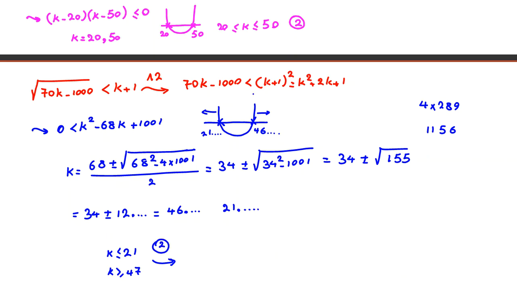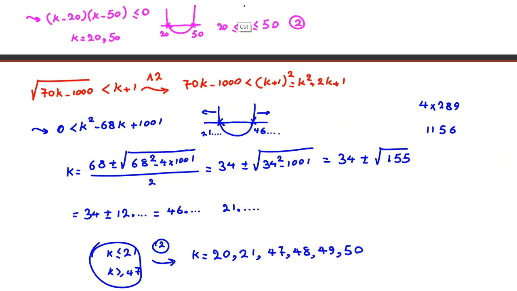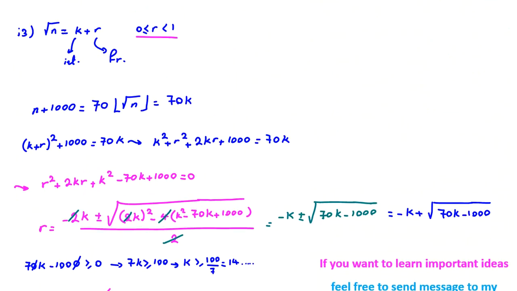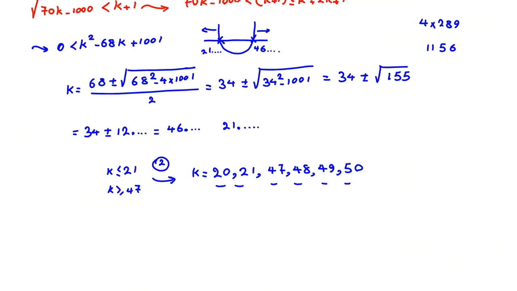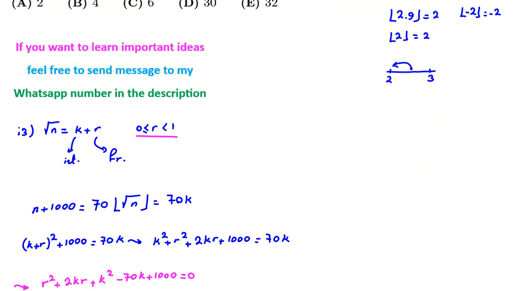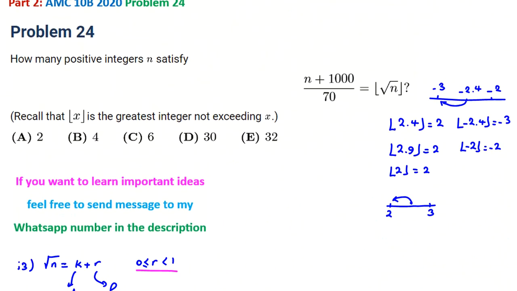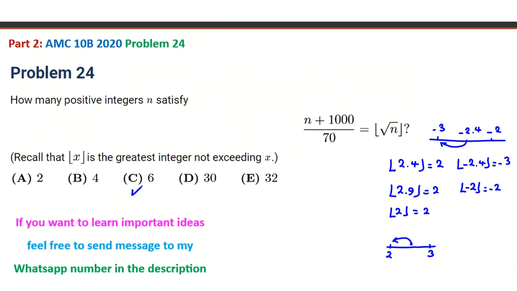If we apply the second condition here, good cases are 20, 21, 47, 48, 49, 50. These cases satisfy here and here. So 1, 2, 3, 4, 5, 6. We have 6 cases, and for each of these cases, it will be good. And we have a good answer. So the answer will be C.